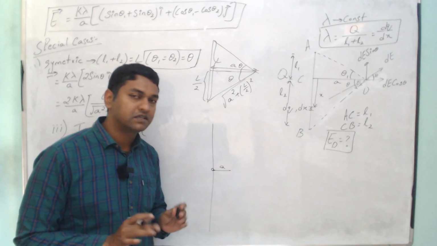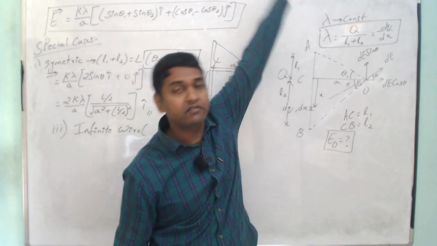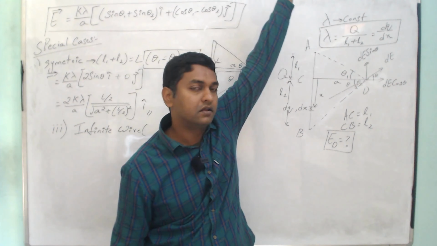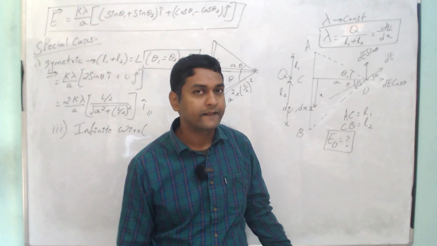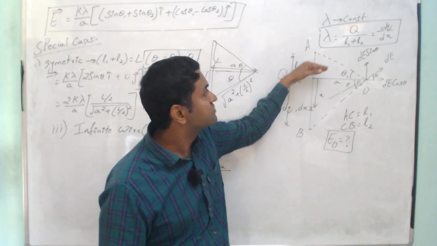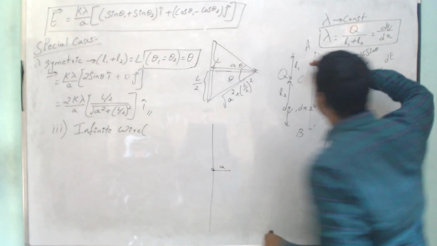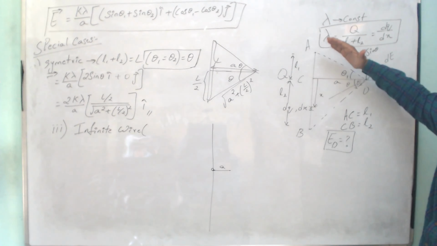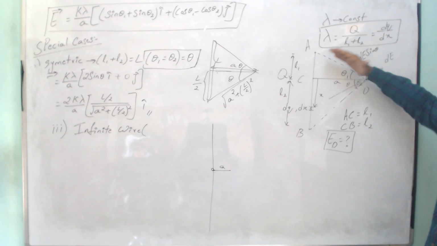What I am asking is, above I have an infinite wire. What is the value of theta 1? This goes till infinity, that means my hypotenuse is moving clockwise, eventually it will become straight, this line.